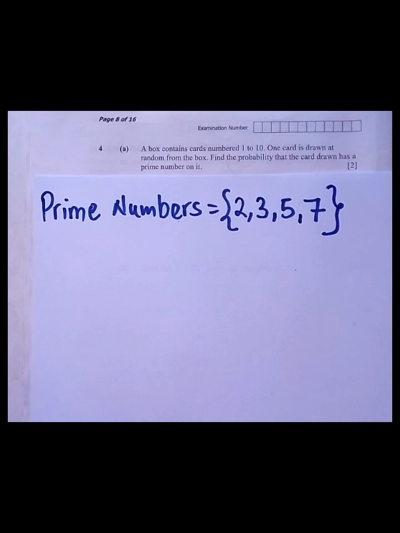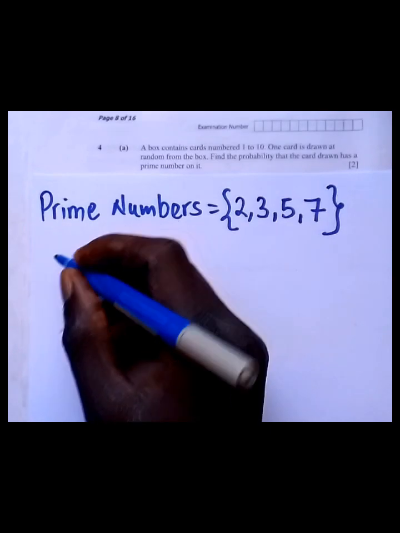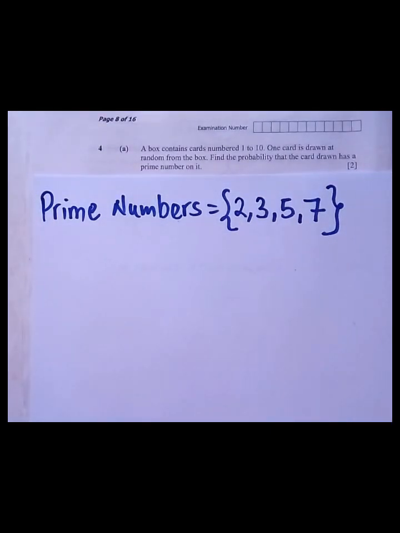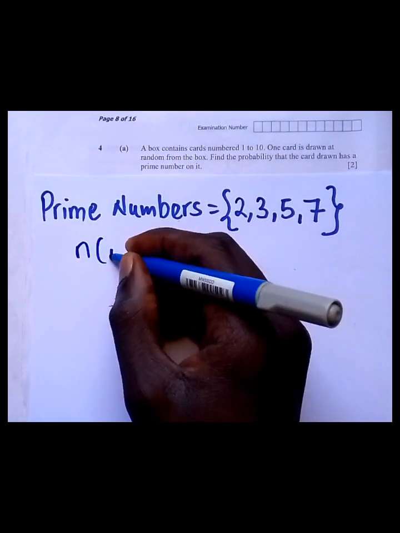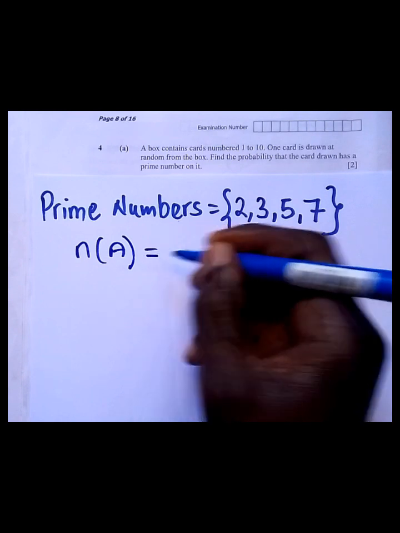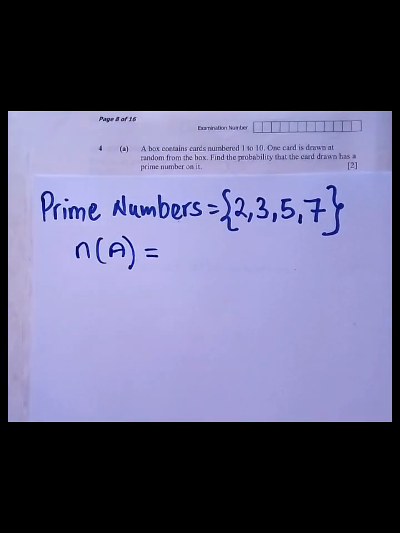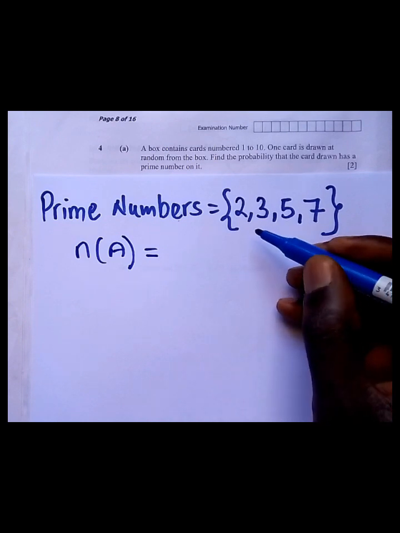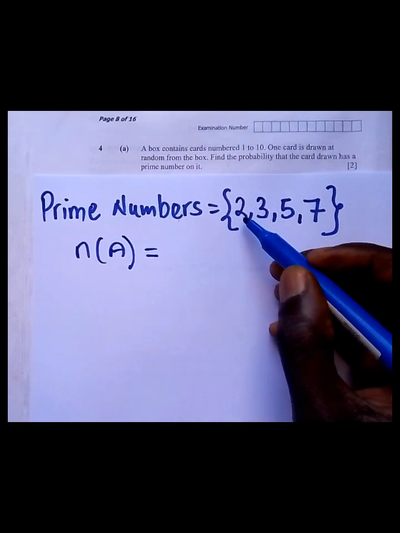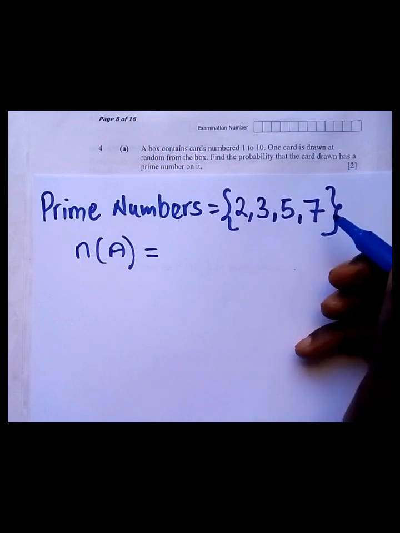So now that we've identified prime numbers, we're going to let A be the event that we select a card that has a prime number on it. So how many selections are we going to have if we get a prime number? The possible selections are where you get a 2, a 3, a 5, and a 7.